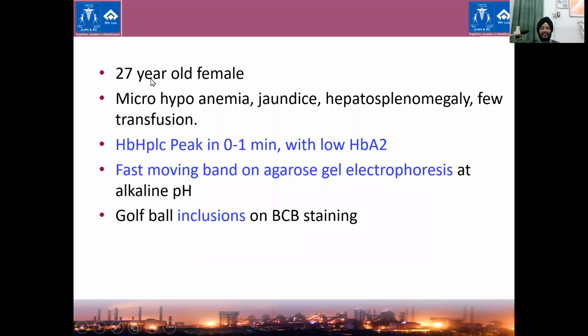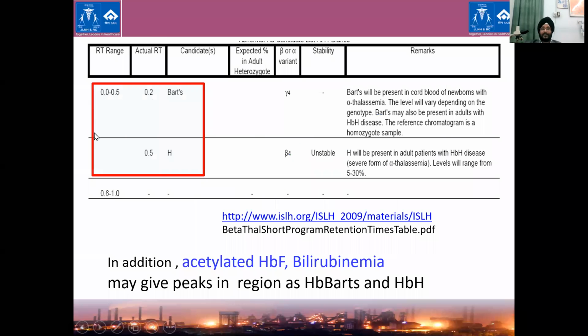So to summarize this case, a 7-year-old female, microcytic hypochromic anemia, HPLC peak less than 1 minute with low HbA2, a fast moving band on gel electrophoresis, and golf ball inclusions on brilliant cresyl blue staining. So it is HbH or Barts, and since Barts is not compatible with the age, it is more likely to be an HbH disease.